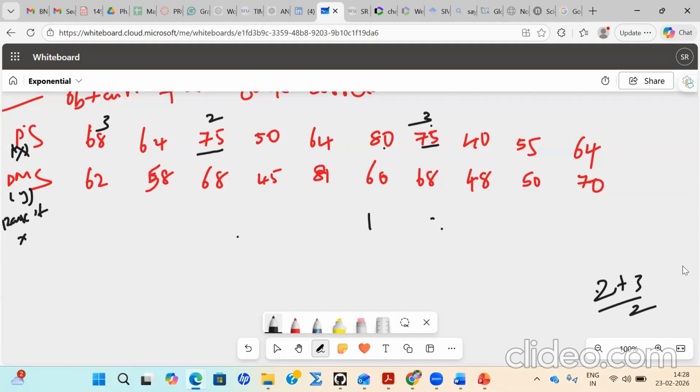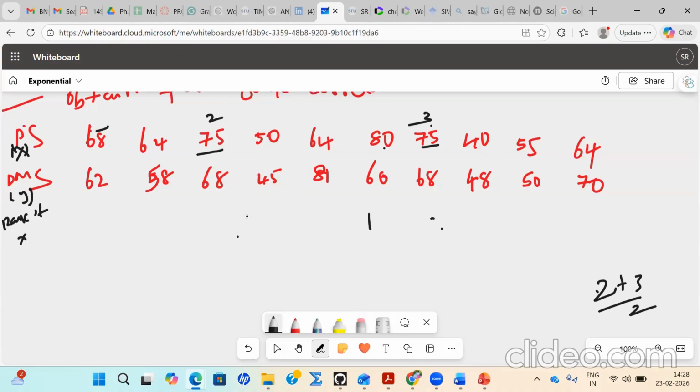What I am saying is, observe here carefully. We cannot allot 2 here, right? Why? Because if you allot 2 for both, the candidates will become 3, but overall you will get a smaller number of students. Now the number of candidates and the number of ranks should match, right?